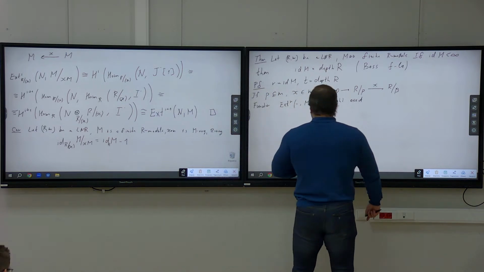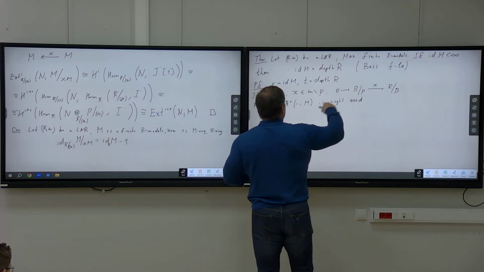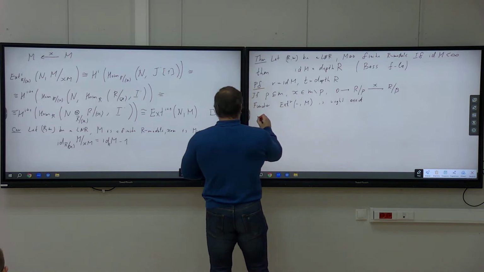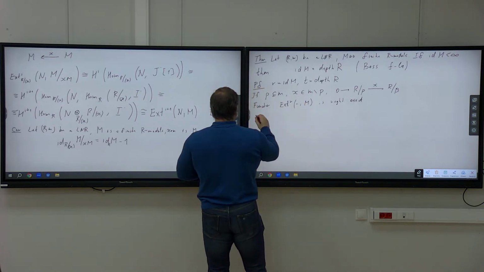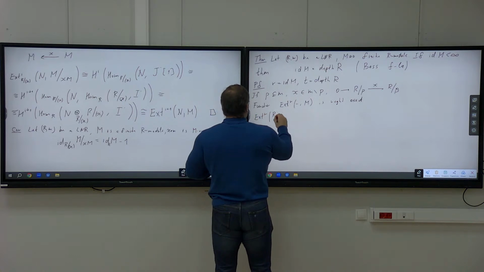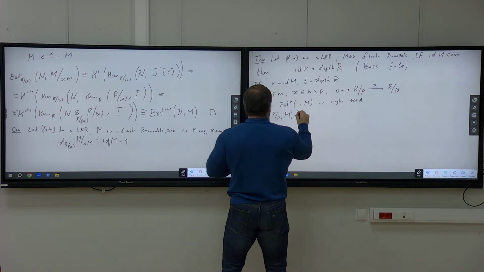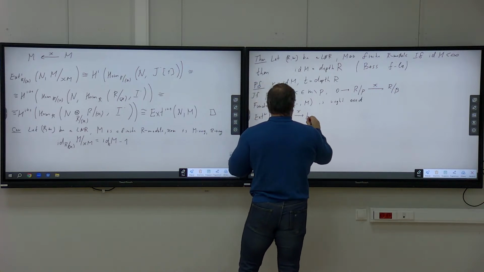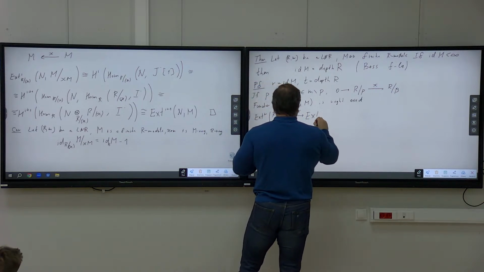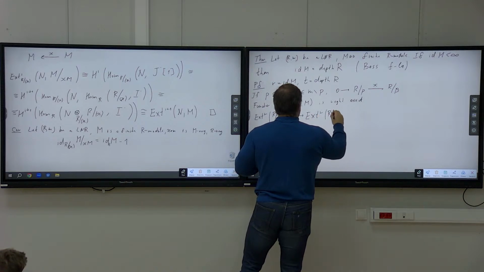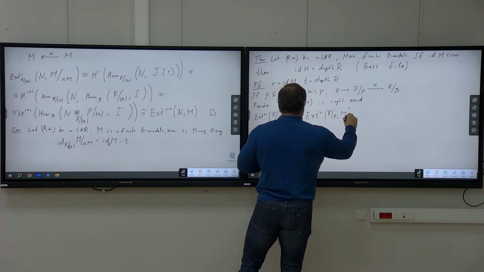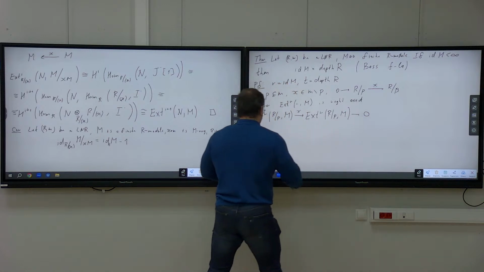So this is right exact, and hence applying this functor to this thing gives me the following sequence, exact on the right: Ext^r(R/p, M), map induced by the multiplication by x, Ext^r(R/p, M), then 0.